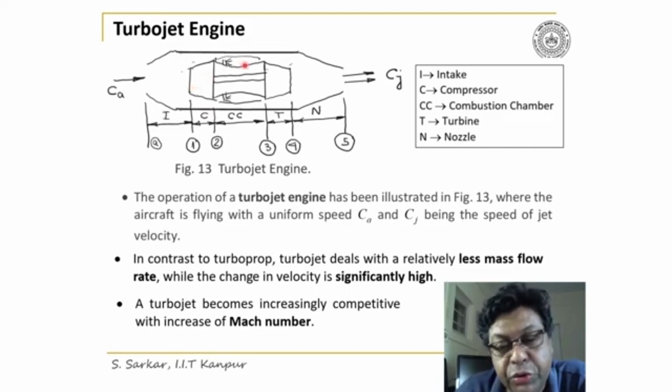Then it's pushed to the combustion chamber, and after that high pressure and temperature gas is expanded in a turbine, and here the turbine work is just sufficient to run the compressor, and the remaining part of the compressed gas is expanded in the nozzle, producing the thrust.